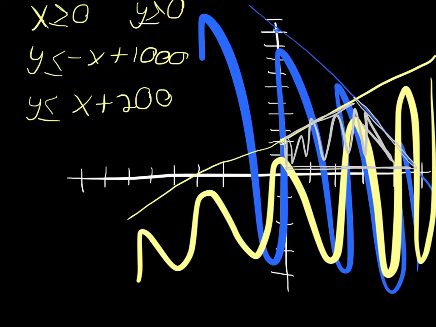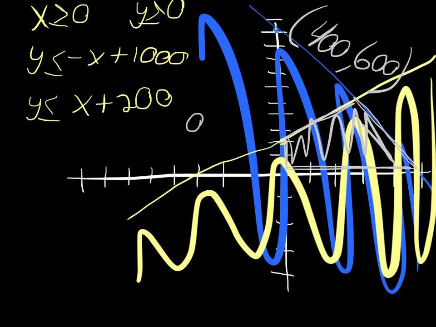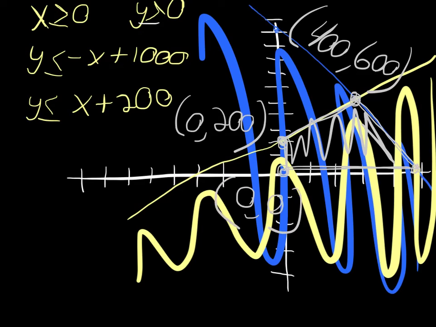It has vertices of 400, 600, 0, 200, 0, 0, and 1,000, 0.